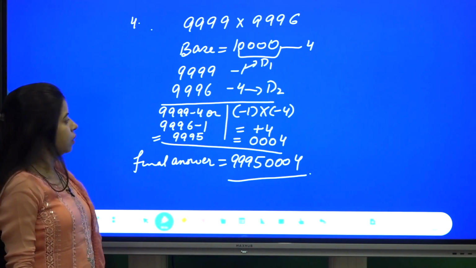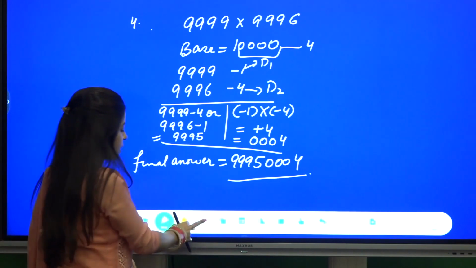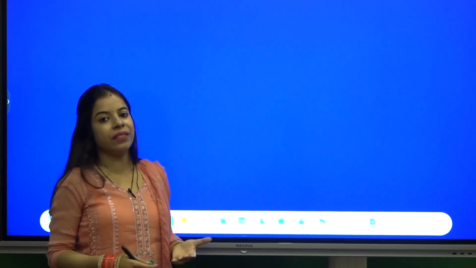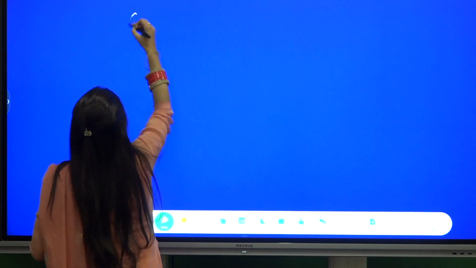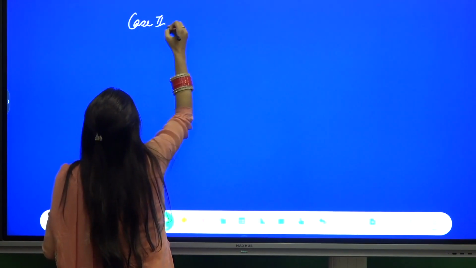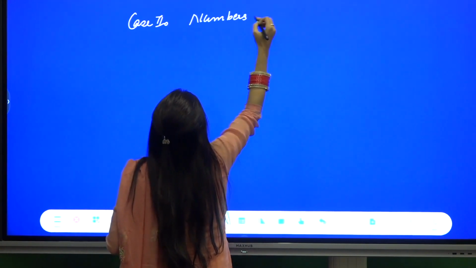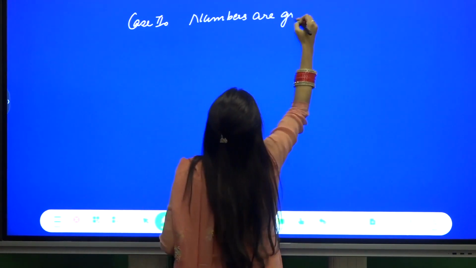Okay. So now let us consider the case where the numbers are greater than the base. Case 2, numbers are greater than the base.